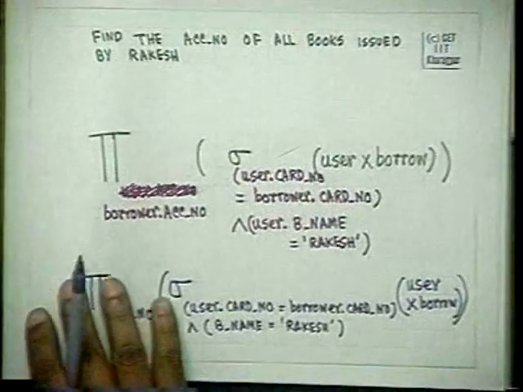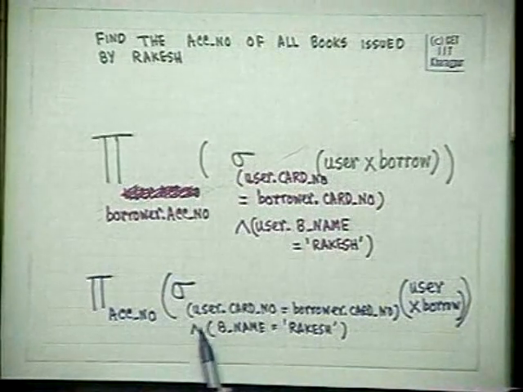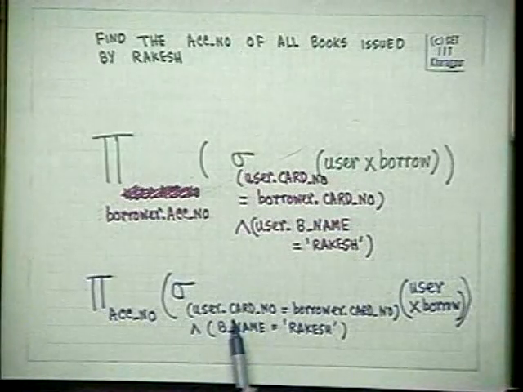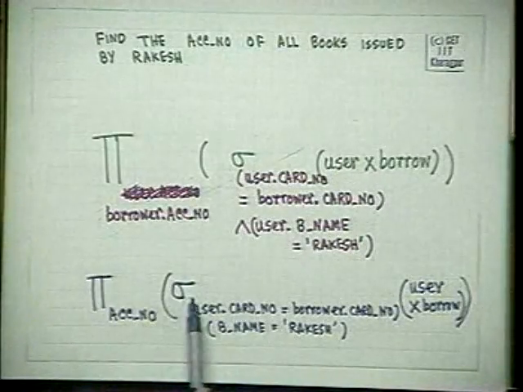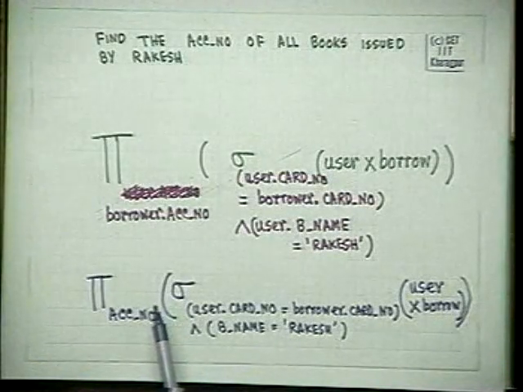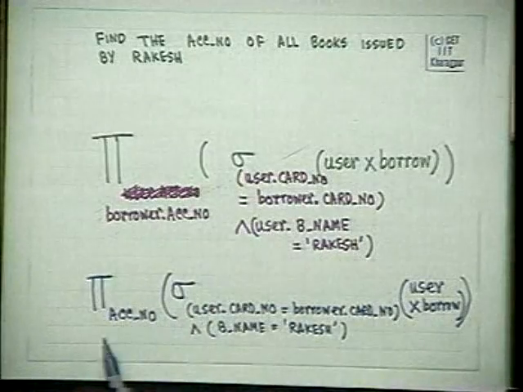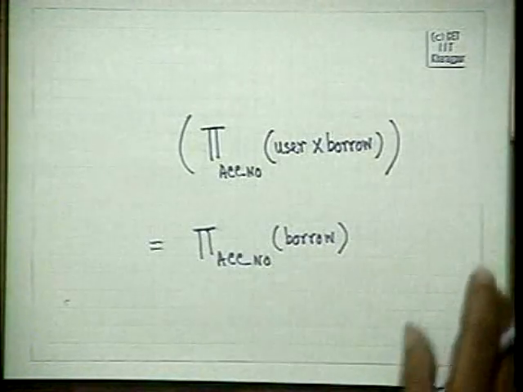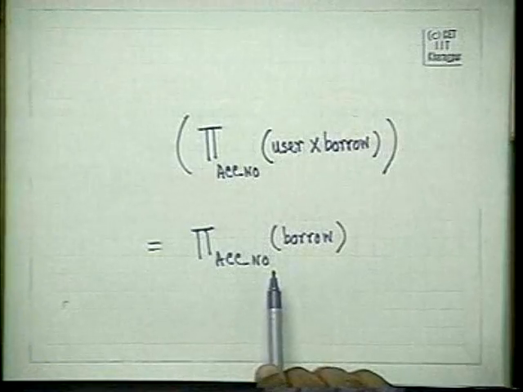So please be careful. It does not matter whether you interchange the ordering of this and, because and is a commutative operation. But select and project, you just cannot interchange them, it may just change the meaning. Not that it will always change the meaning, but it may change the meaning. So this is a very fundamental operation.